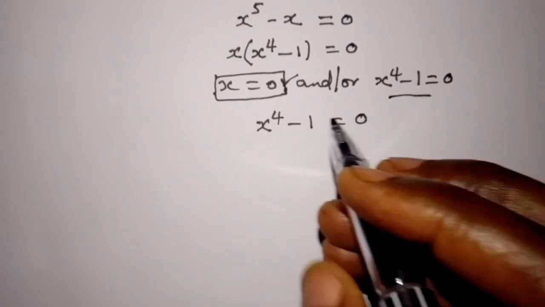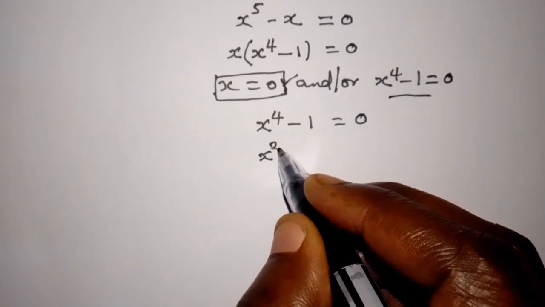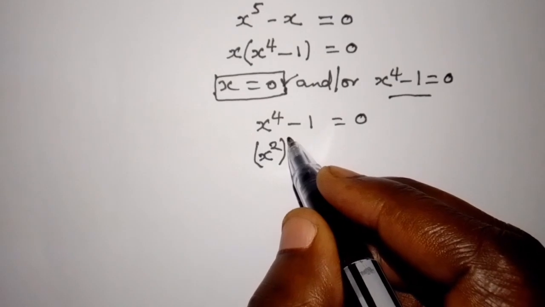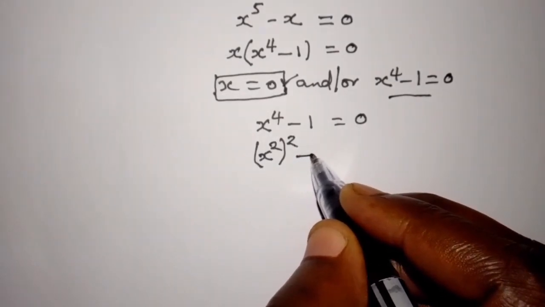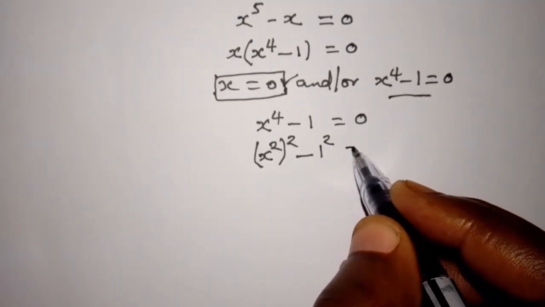We can express it as x power 2 bracket power 2 minus 1 power 2 is equal to 0.